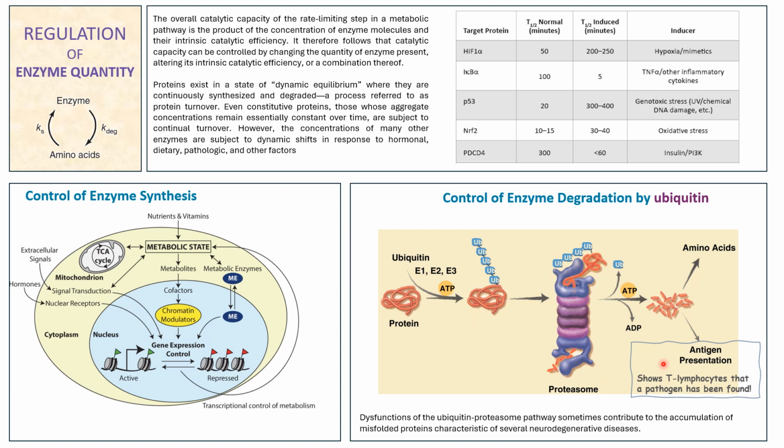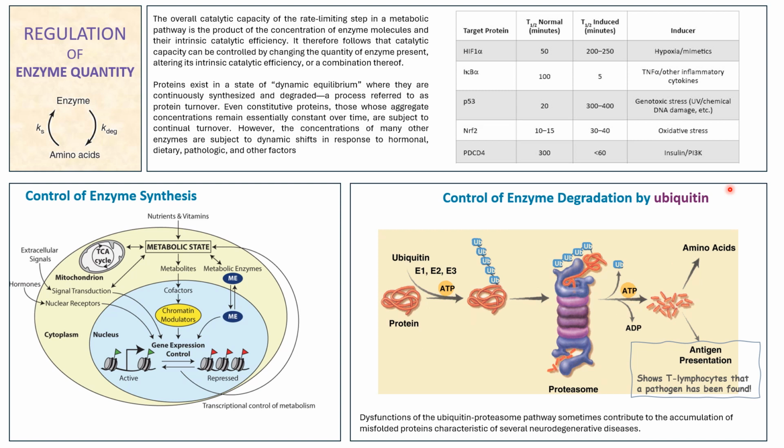So we have two ways to control. We can control the degradation, and the cell can control the rate of synthesis. And multiple factors can affect both synthesis and degradation at the same time.